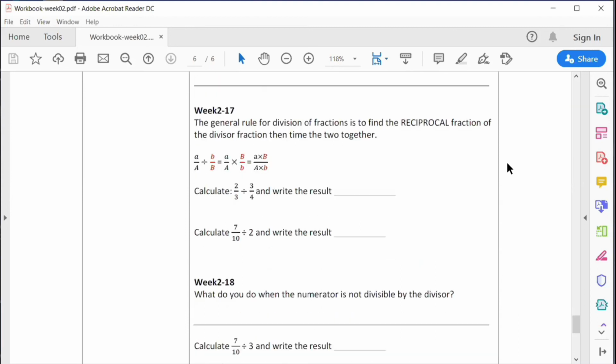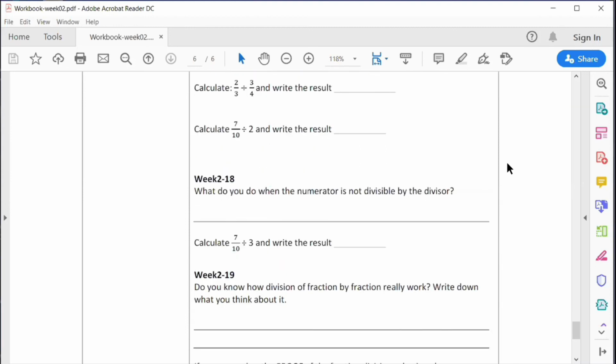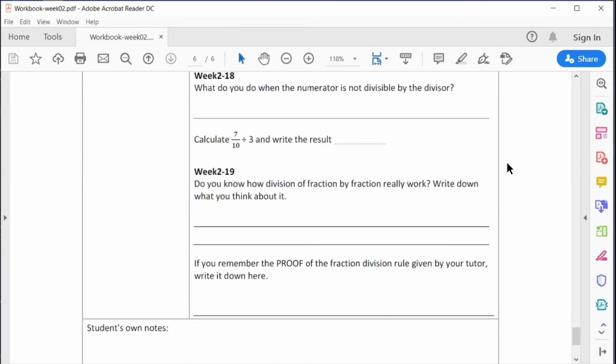So now, the next one, question 18. What do you do when the numerator is not divisible by the divisor? You know what you write down. You times the bottom, right? So you can write it down. You times the number with the denominator instead.